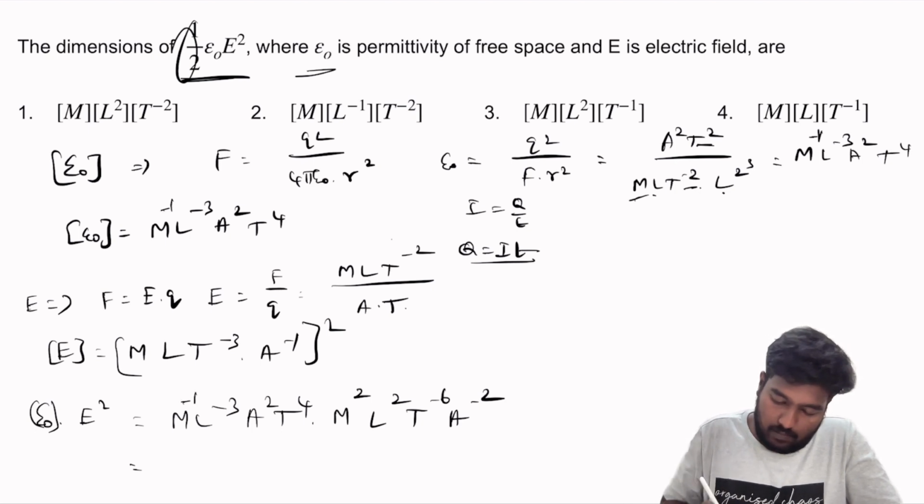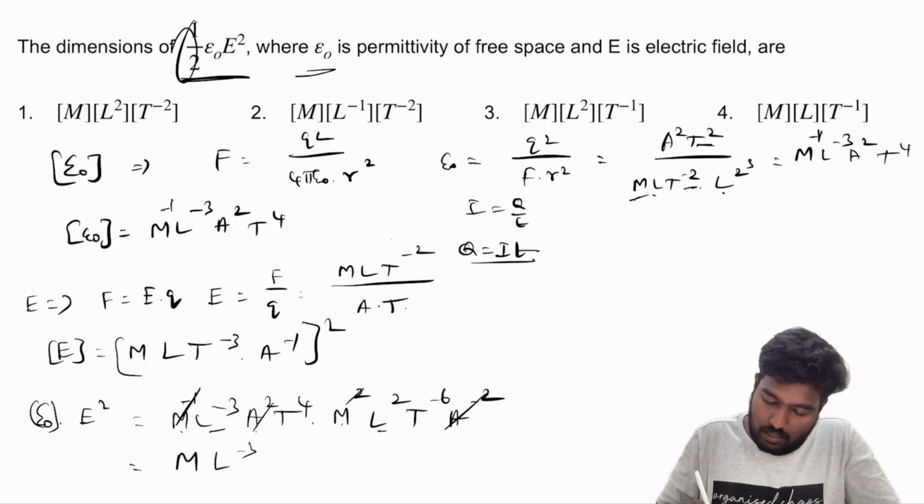So M inverse and M square, I'll get only M. L power minus 3 and L square, I'll get L power minus 1. A will get cancelled. T power 4 and T power minus 6, I'll get T power minus 2.